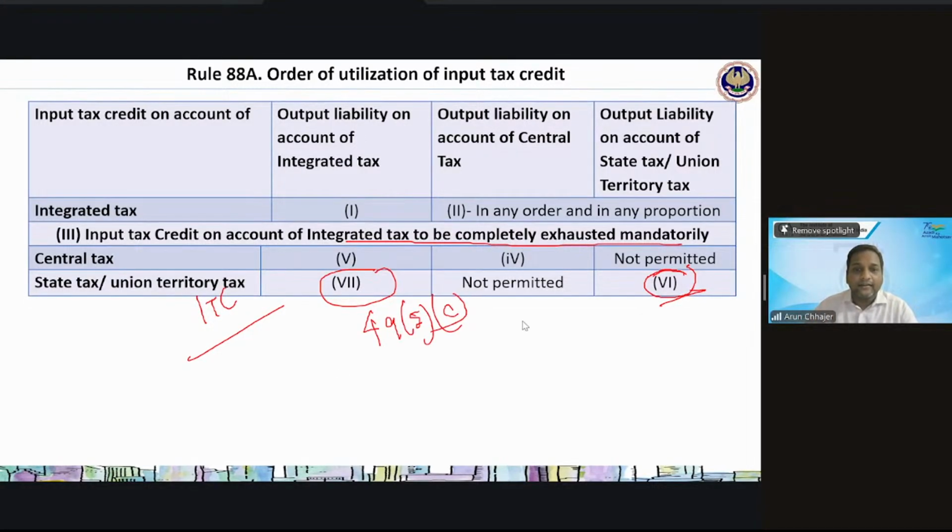But after 49A, after 49B and rule 88A, the order which is prescribed in rule 88A, does this remain available in the law? No. Is 49(5)(c) remaining available in the law? No. In my understanding, no, it is not available.